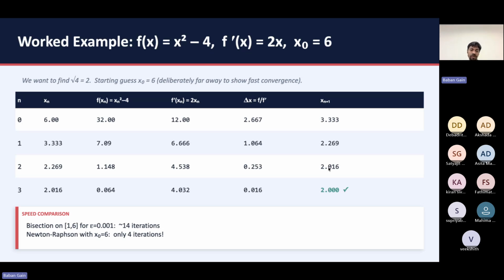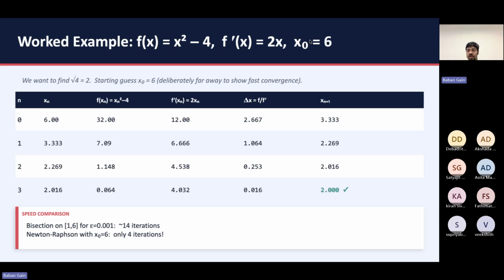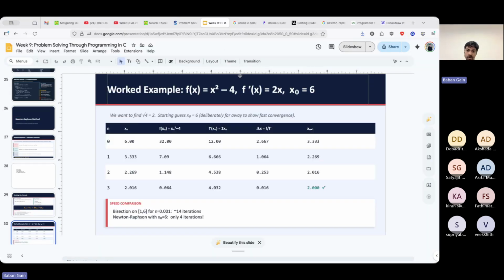Even if you deliberately take a wrong, very large number like 6, it will converge very fast and give you the root, because the rate of change is quite high. You don't need to go for the midpoint of it.